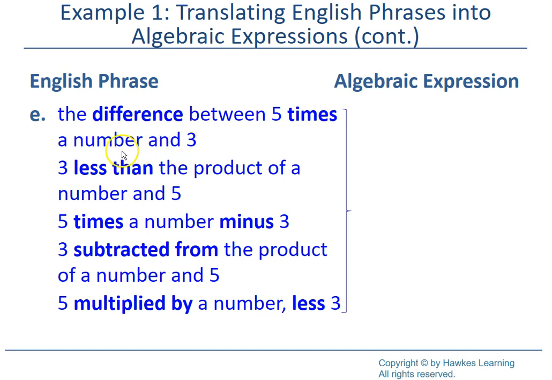The difference between 5 times a number and 3. 3 less than the product of a number and 5. 5 times a number minus 3. 3 subtracted, there's our minus, from the product of a number and 5. 5 multiplied by a number less 3.